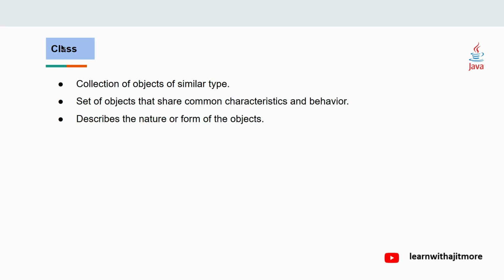Every class describes the form, the nature, how my cookie will be. Will it be in a star shape, or a flower shape, or a round shape? So it is describing the nature, how that flat will look, the entry, the windows, everything.